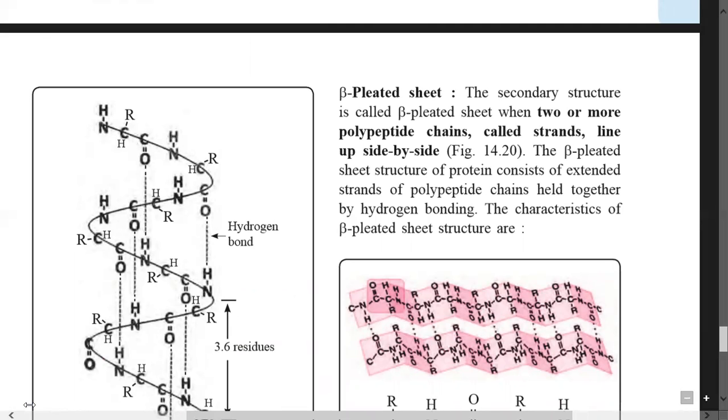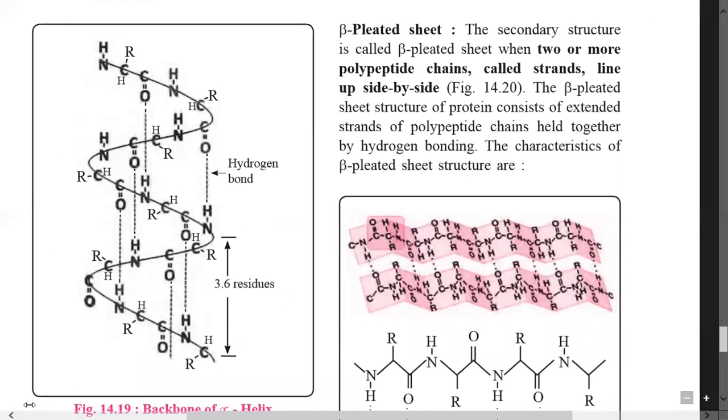The secondary structure is called a beta pleated sheet when two or more polypeptide chains, called strands, line up side by side. So see this violet color structure given in this figure.